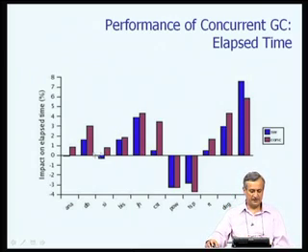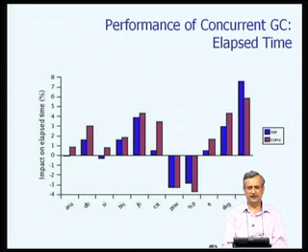The elapsed time impact is a little high compared to the stop the world collector, because the concurrent garbage collector keeps running all the time. We are assuming that there is a thread running corresponding to the concurrent garbage collector, but there is a single processor that we have assumed. So, it is being shared by the main program and also by the garbage collector.